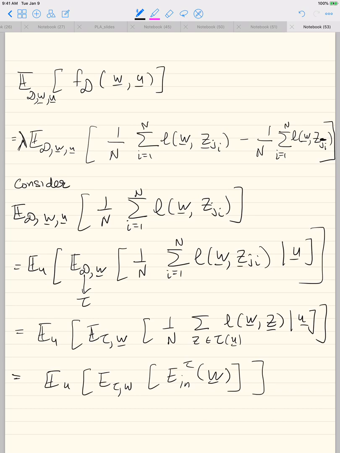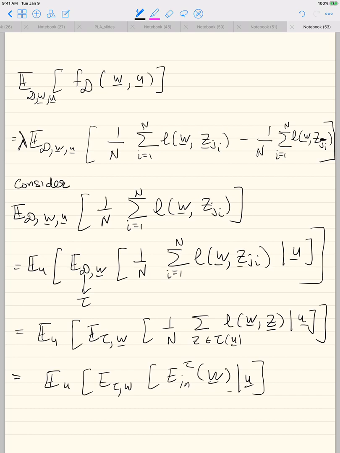Actually, let's write down the conditioning on u. It's not really important at this point, but we'll still do it. This is the definition of the training error with respect to the set tau. We are taking the average training error with respect to the distribution of tau and w. U is basically going to be telling us how tau was sampled in this particular step.